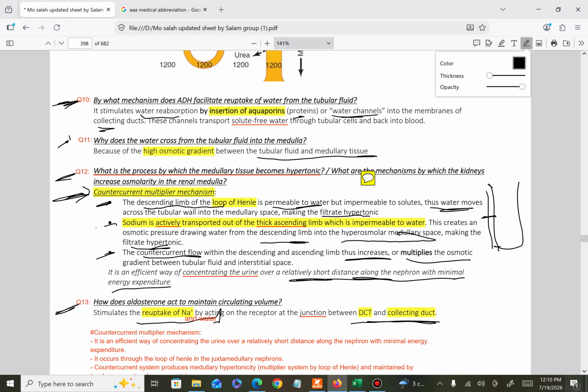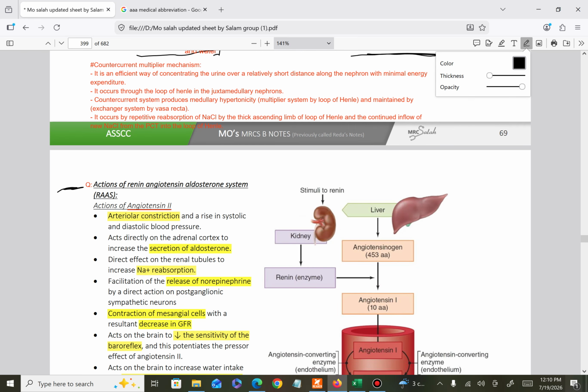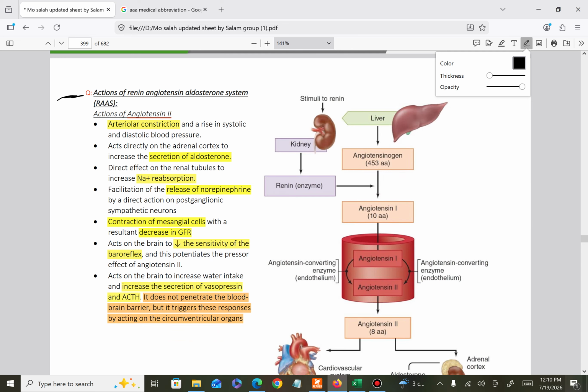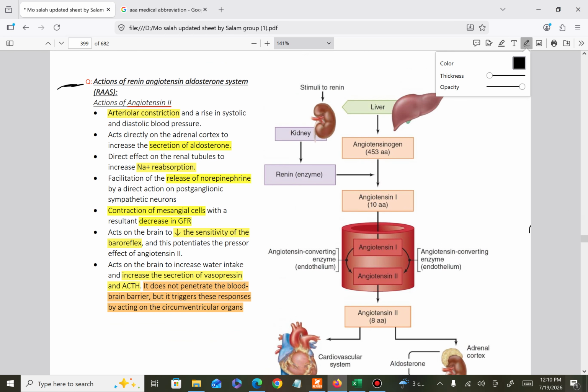Next question is the action of the renin angiotensin aldosterone system. This system involves angiotensin 2, so this is how angiotensin 2 is formed. First there is a stimulus to renin, like sympathetic stimulation or reduced circulatory volume.